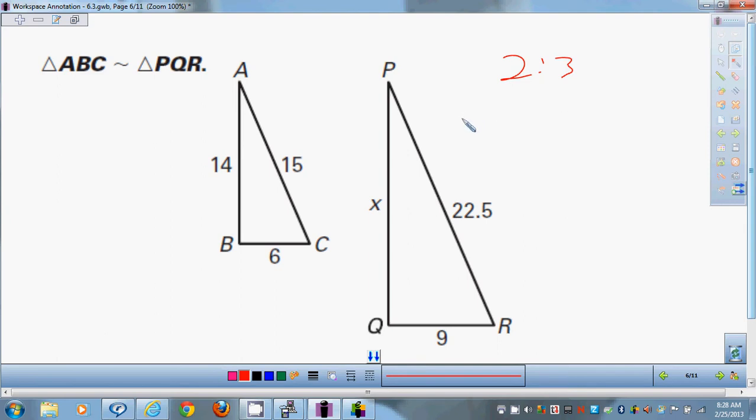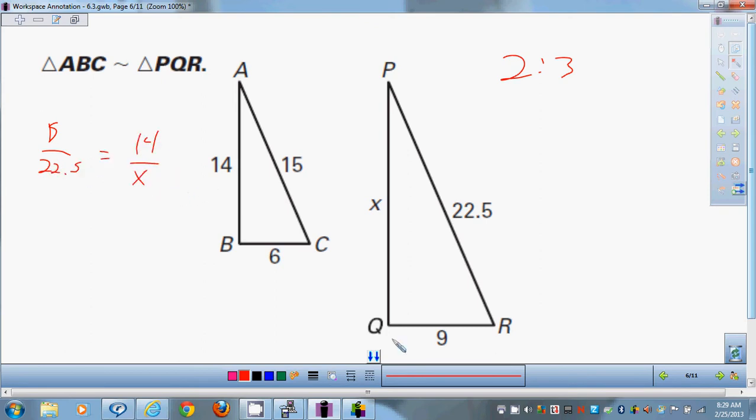Now, there were multiple ways you could have solved this. Amber, how'd you solve it? That'll work. You could have also done 6 over 9 equals 14 over x.